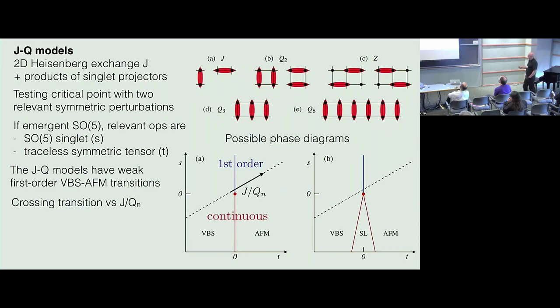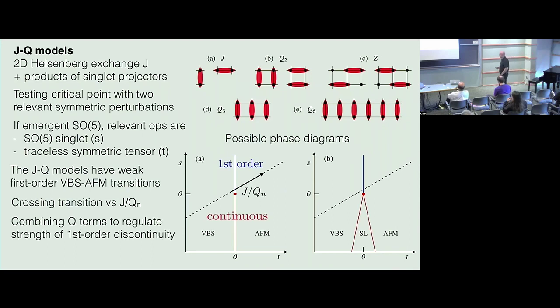So there's another way to do that also more continuously. Namely, we can combine, for example, the JQ2 model with Q6. Then, as a function of Q6, we can move higher up here. So it's like this whole line is continuously pushed higher up.